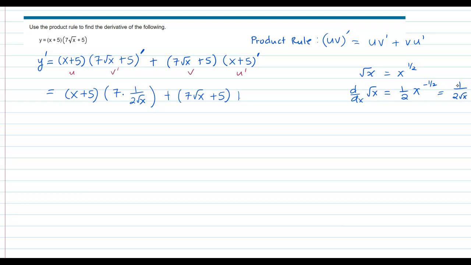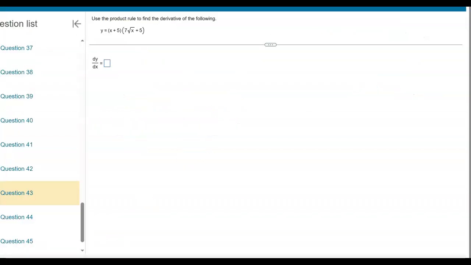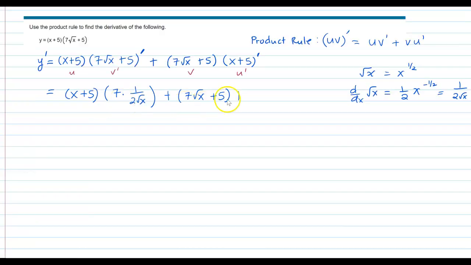The derivative of x is 1. Okay, now, did you know that you could input your answer like this? You don't need to simplify this. If it doesn't mention that you need to simplify it, you may input your answer like this.